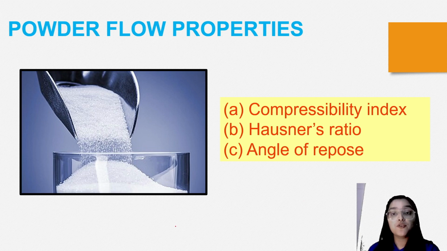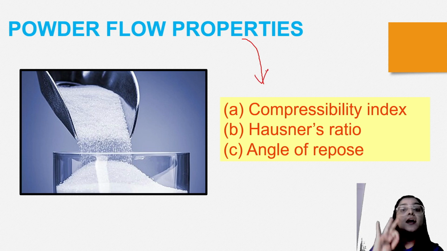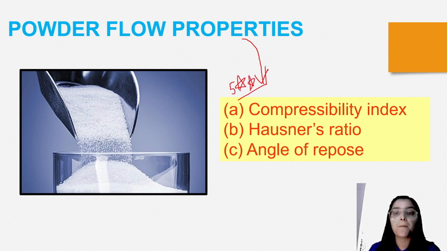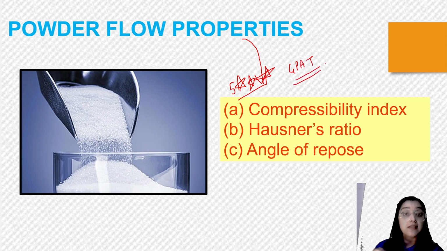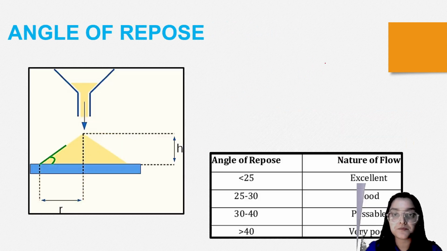Now, these powder flow properties can be evaluated using the three parameters mentioned below, including the compressibility index, the Hausner ratio, and the angle of repose. You can mark it as a triple 5-star topic from your GPAT and other pharmacist exams also. This is the favorite topic that can come. So one by one we will be seeing these methods of evaluation.